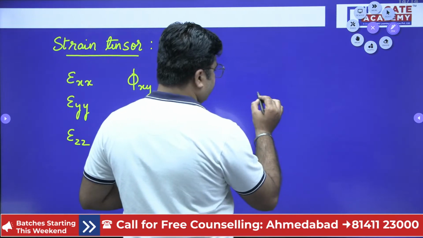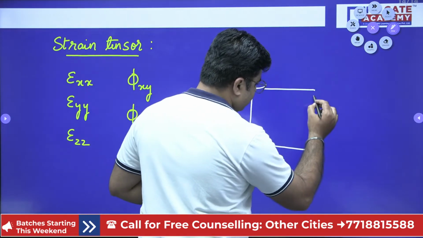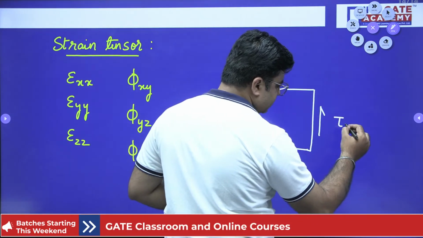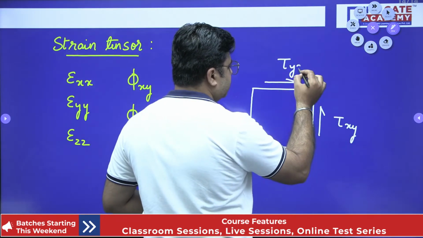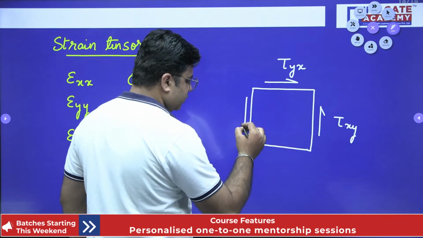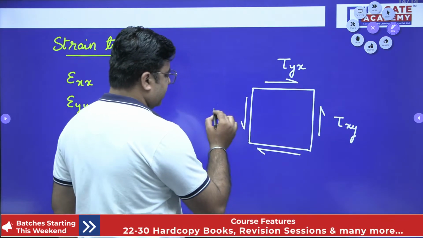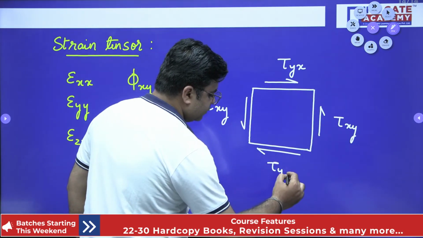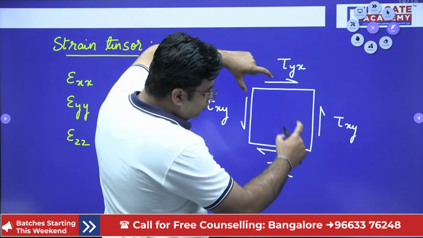One thing I would like to tell you: if you have a stressed element like this, and over this stressed element shear stresses are acting like this, tau xy and tau yx, this is tau xy again and this is tau yx again, right? So these shear stresses have a tendency to squeeze the member.